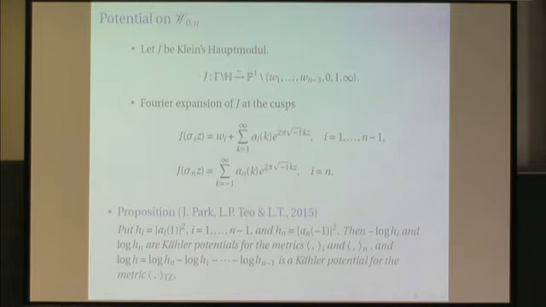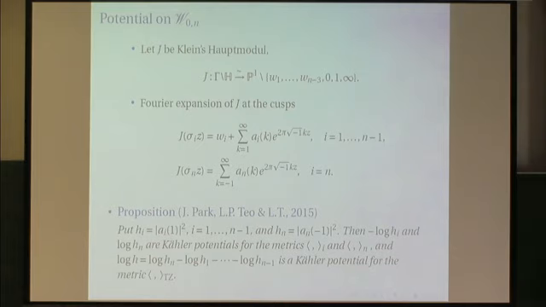Or in classical terminology, Hauptmodul is a function on the upper half plane which is Gamma invariant and such that on each fundamental domain it takes every value once. It's a Schlicht function on them. And as such, this function has a Fourier expansion at the cusps in the same form, where sigma_i and sigma_n are the same as before. They are used to normalize cusps, to send cusps to infinity.